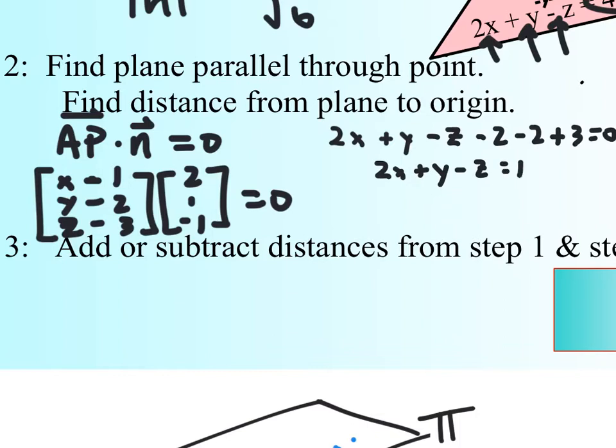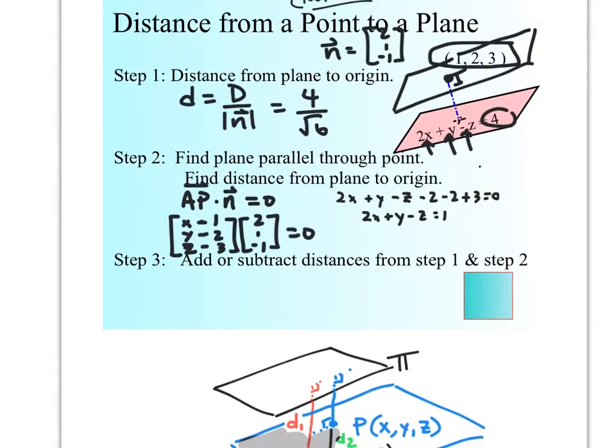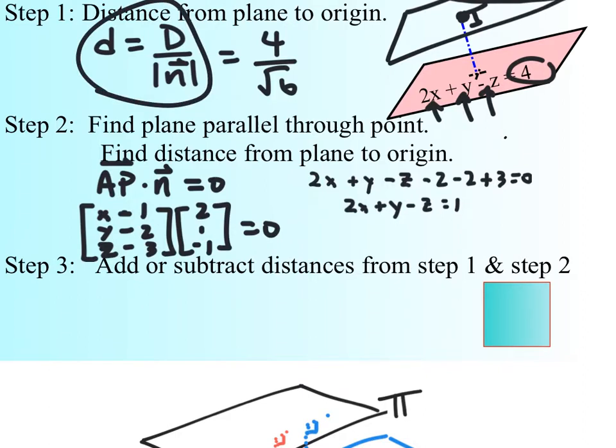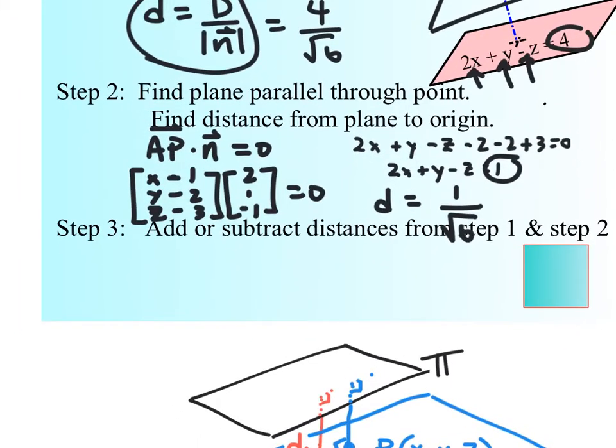Okay, so now all I have to do to find the distance from this plane to the origin is do the same thing I did up here. So the distance will equal capital D. Capital D is 1 over the magnitude, which will not change, over root 6. So those two distances are different. So then the distance from point (1, 2, 3) to the original plane is going to be distance 1 minus distance 2. And we'll take the absolute value of that.